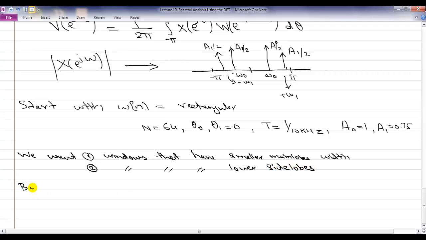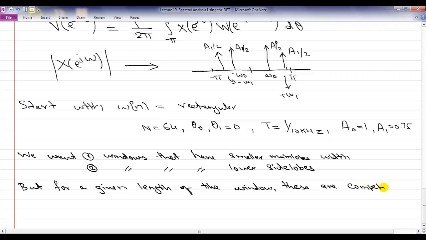But for a given n, for a given length of the window, these are competing goals.